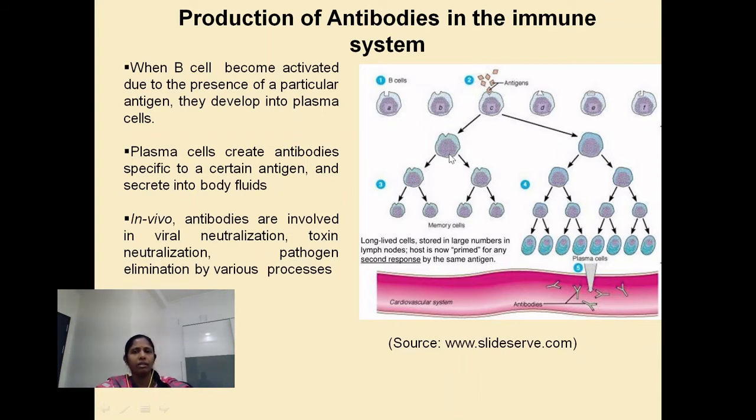The memory B cells come into action later during subsequent exposure to the same antigen. They are stored in the body for future use. They also display a membrane bound antibody. The plasma cells, which are quite large in size compared to the mature naive B cells, do not display a membrane bound antibody anymore.